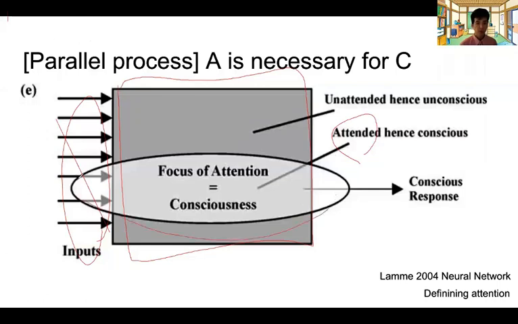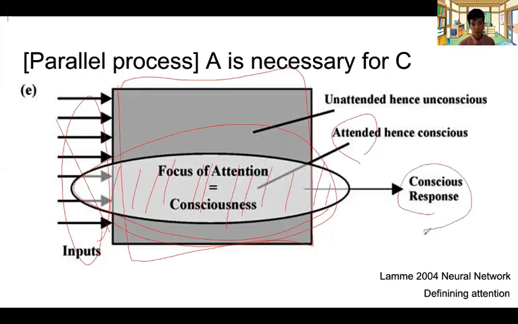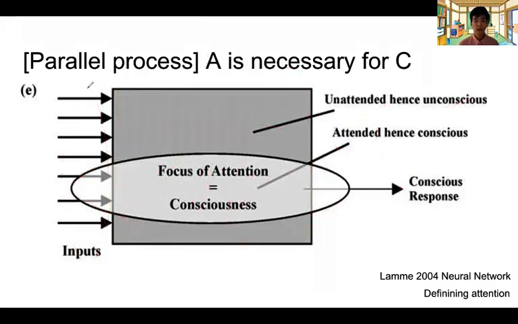So this is the focus of attention. And then that becomes available for consciousness, and then it can be reported. And everything else outside is unattended and unconscious. That's the attention-is-necessary view for the A and C relationship.